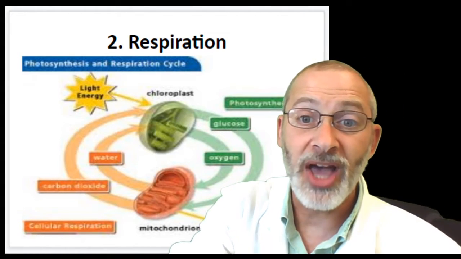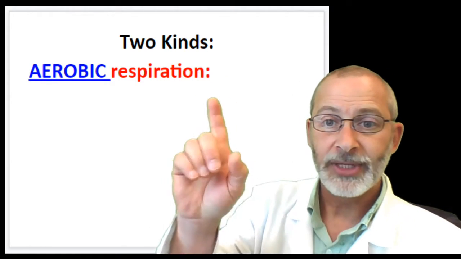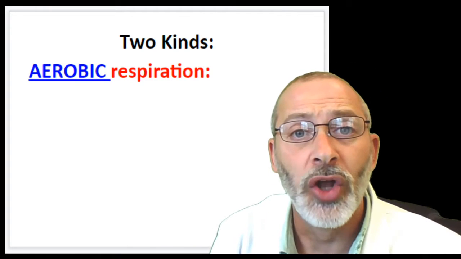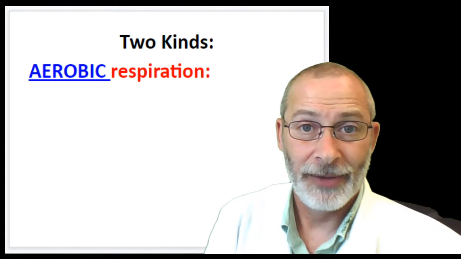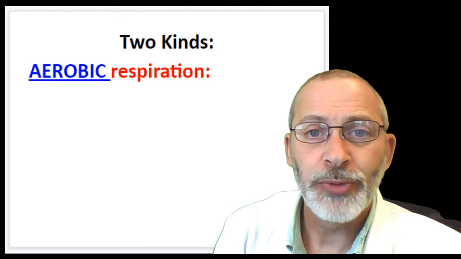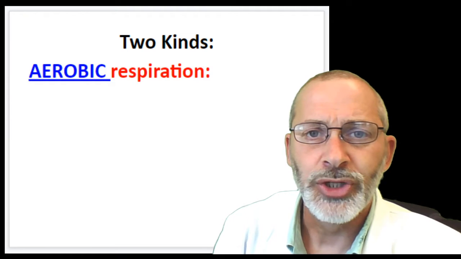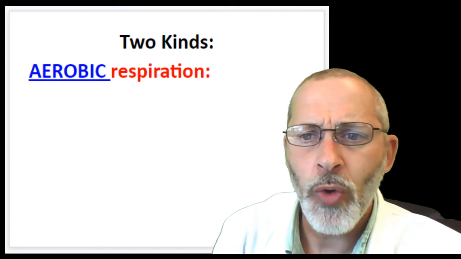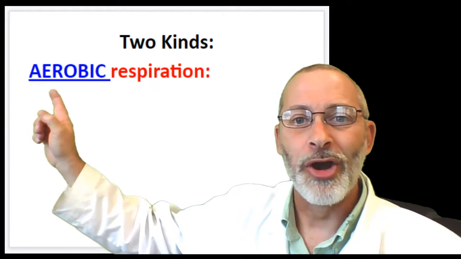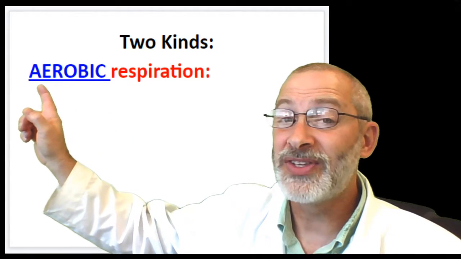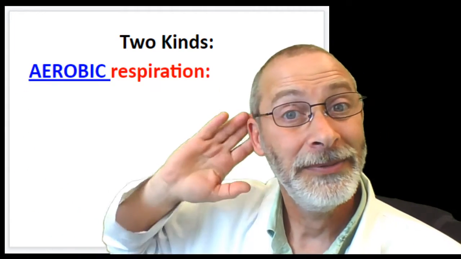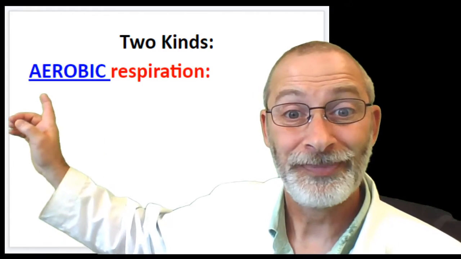Now back to the two types of respiration. Type number one. The first type of respiration is called aerobic respiration. As you're writing that down, aerobic. Think about that word aerobic. Now, I know it's not spelled the same, but what does the first part of that word sound like? Air.